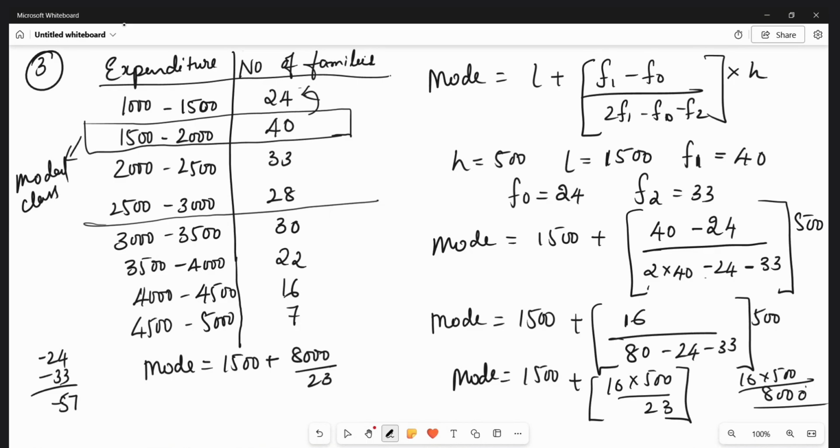You can take LCM and simplify. I feel better you divide this directly. Whatever answer you will get, add with them. Okay, so mode, you will get 1847. Okay, we'll do the median problem, one median problem, and I want to do the missing frequency also. We'll do the median problem. This is done.